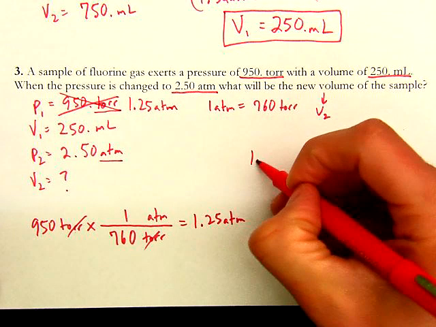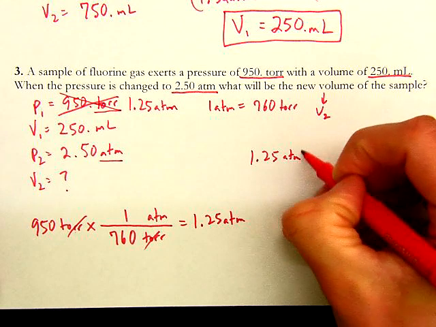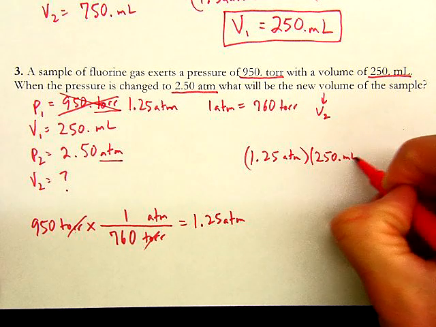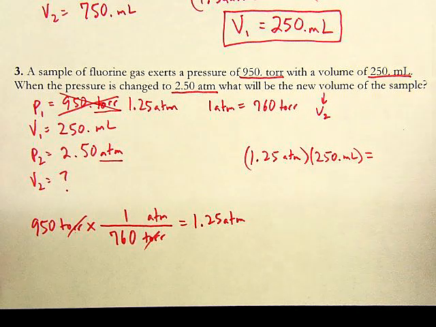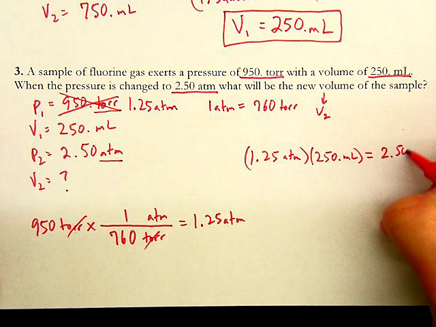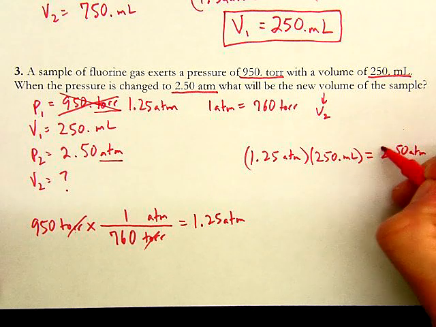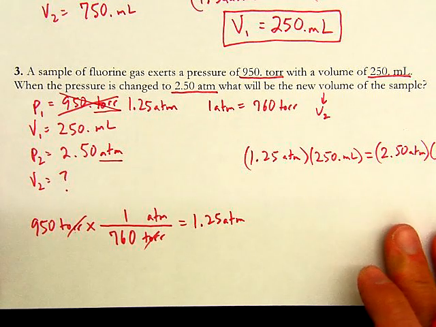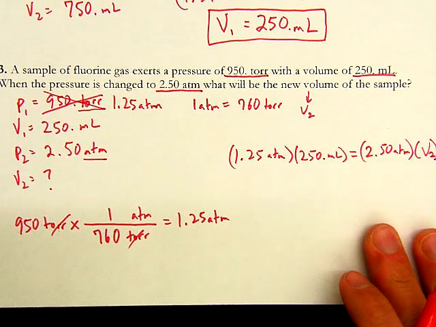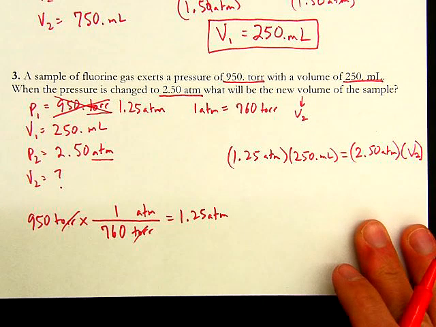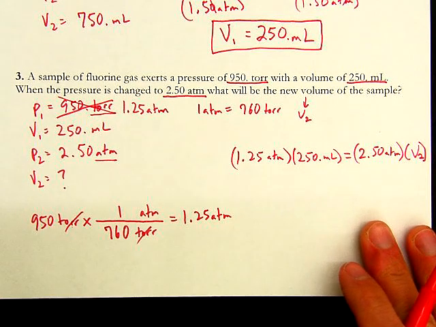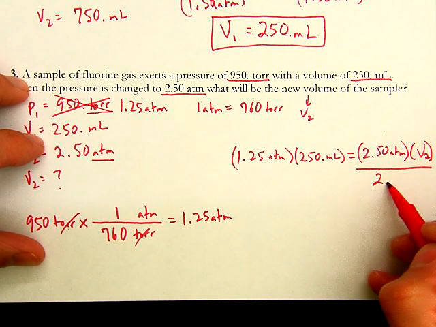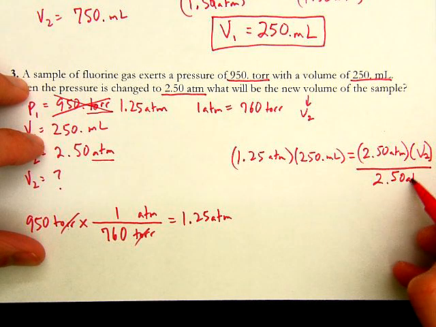So 1.25 atm times 250 milliliters equals 2.50 atm times V2. So we're solving for V2 in this case. We need to get V2 all by itself, so I divide by 2.50 atm.